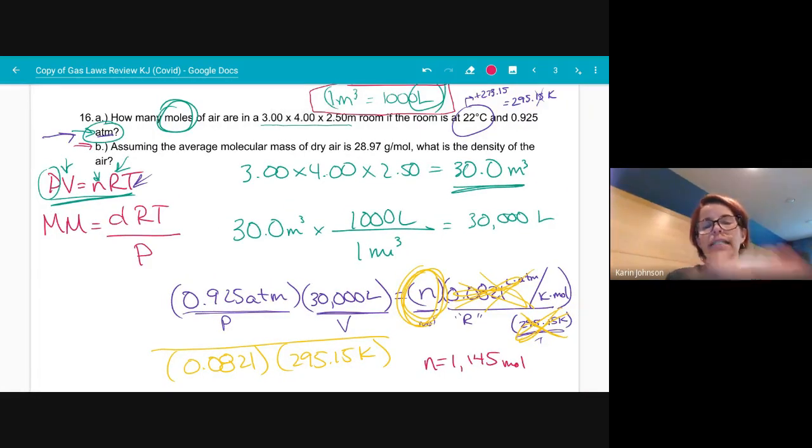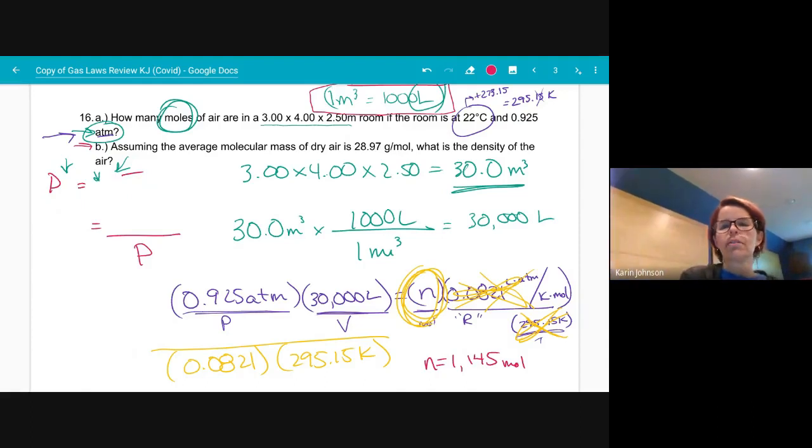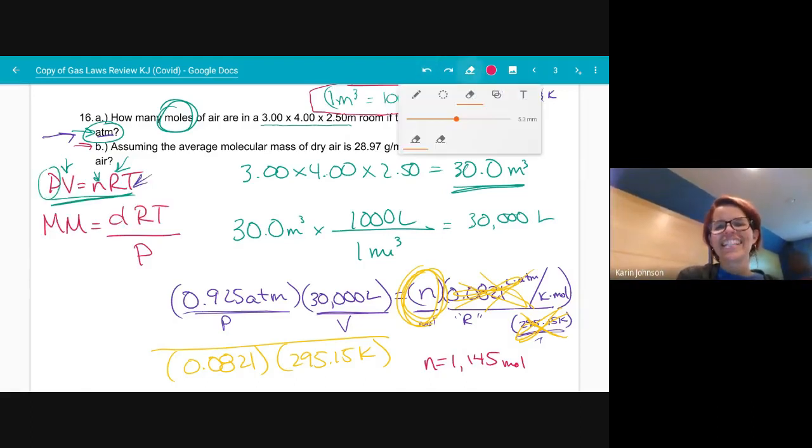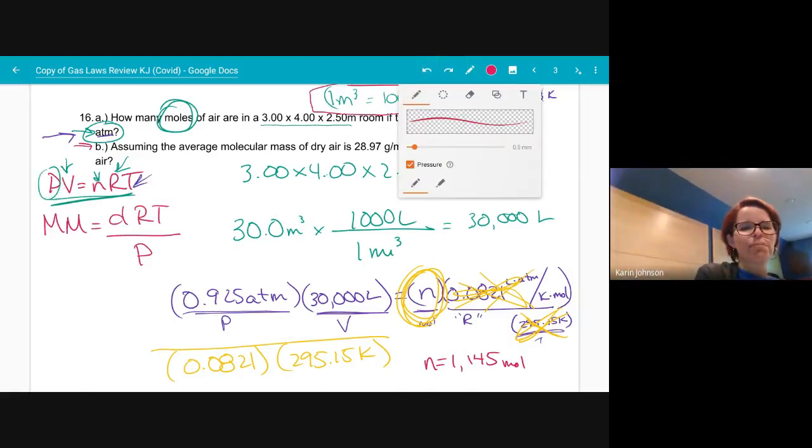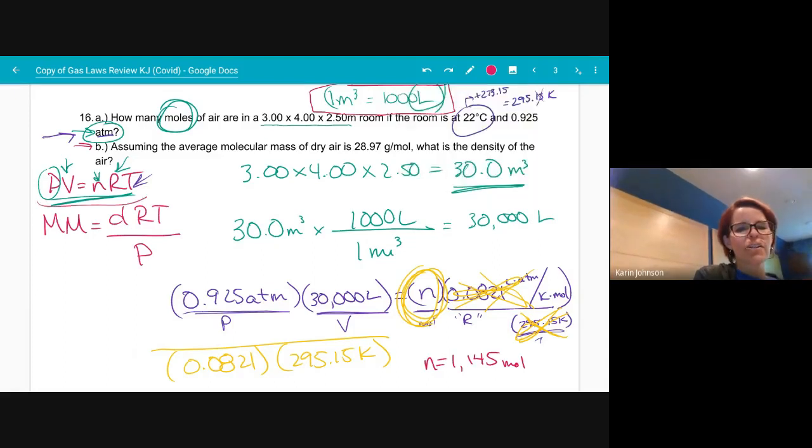Question 16A was asking for moles, and so that's the PV equals nRT equation right here. What we did is we got the pressure, which was in atmospheres. We got the volume, which was when you measured the room, 3 by 4 by 2, which gave us meters cubed.